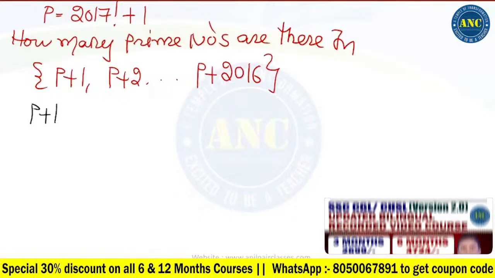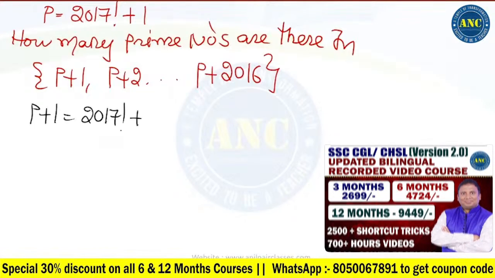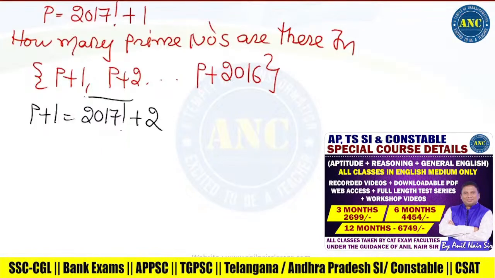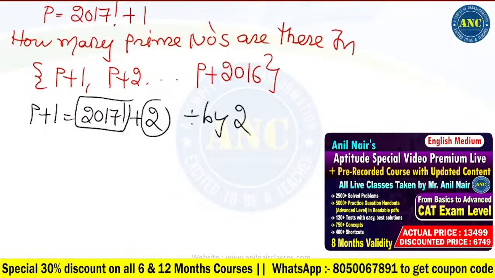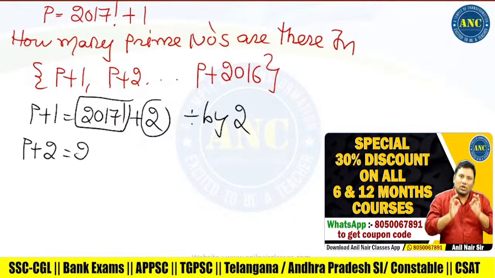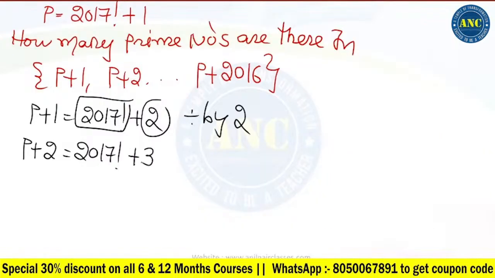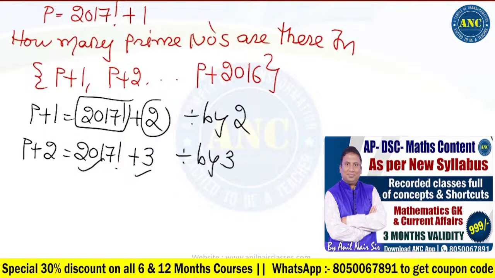If it is P plus 1, 2017 factorial plus 1 plus 1, it is 2. This is divisible by 2, and 2 is divisible by 2, so the answer is divisible by 2. Idea clear? P plus 2 is nothing but 2017 factorial plus 1 plus 2, which is 3. Divisible by 3.